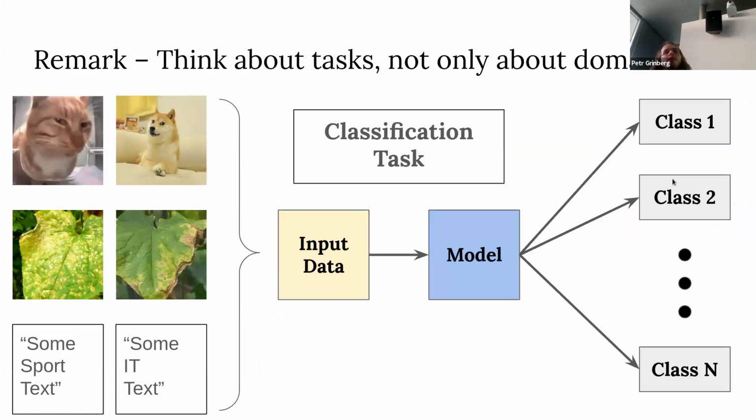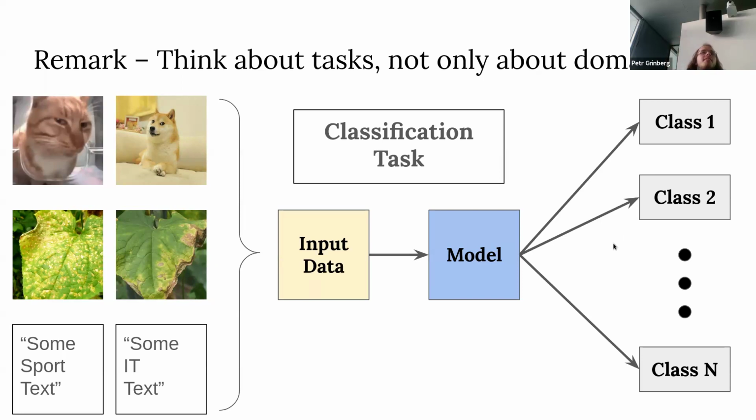But one of the most important things you need to understand from this bootcamp is that you should think about tasks, not about the specific domain of your work. What do I mean? For example, you want to do a classification task. You have a dog, you have a cat, and you have a picture of a dog or a cat, and you want to understand whether this is a dog or a cat.